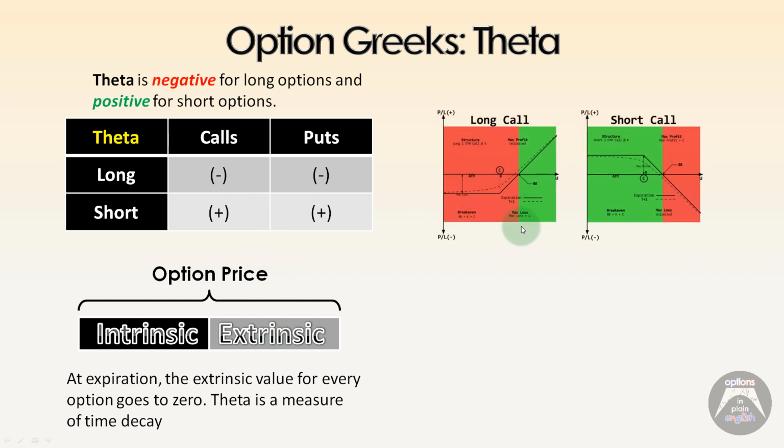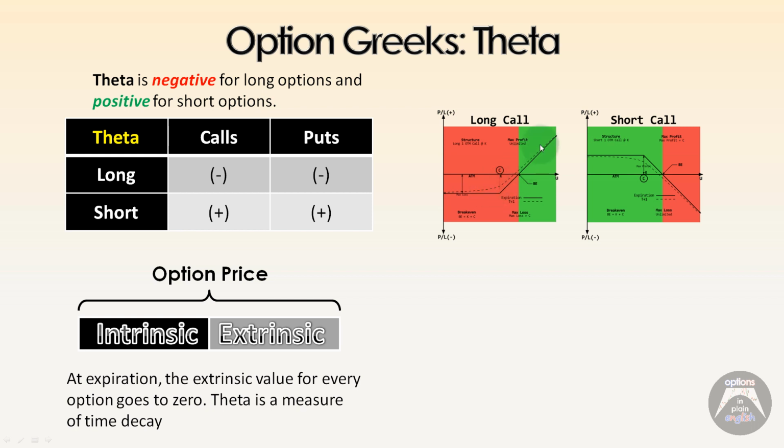If you look at a long call and at a short call, we've already looked at these. And as you can see, we always talk about a P&L line at expiration, which is this solid line. And then we talk about a P&L line at a time prior to expiration, which is this dashed line.